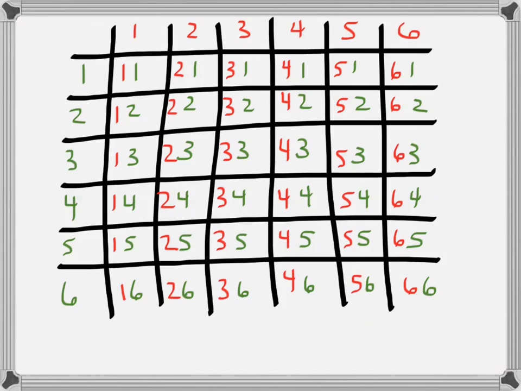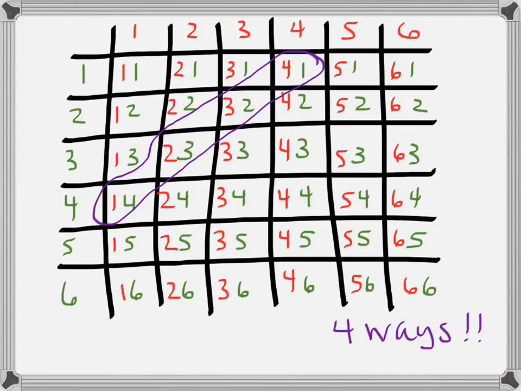And what we see is that we have a total of 36 different numbers that can be rolled from the 2 dice. Remember that we're trying to roll a sum of 5, so we recognize that these 4 entries will give us all possible ways to roll a sum of 5.